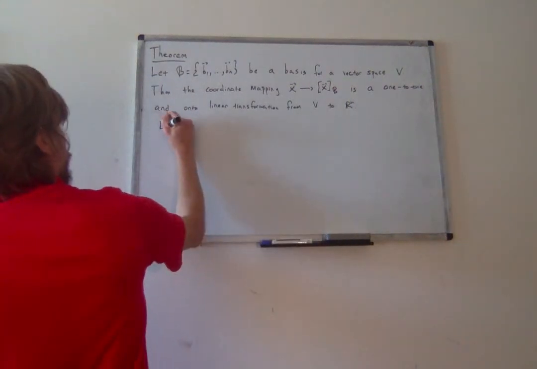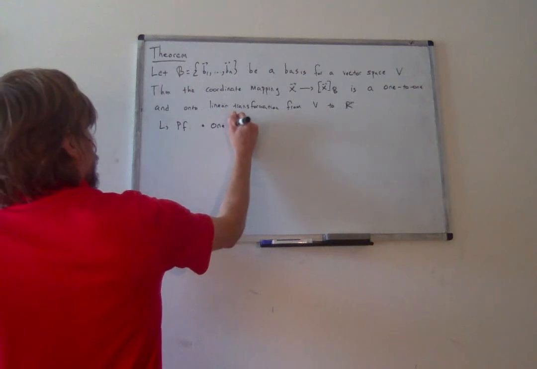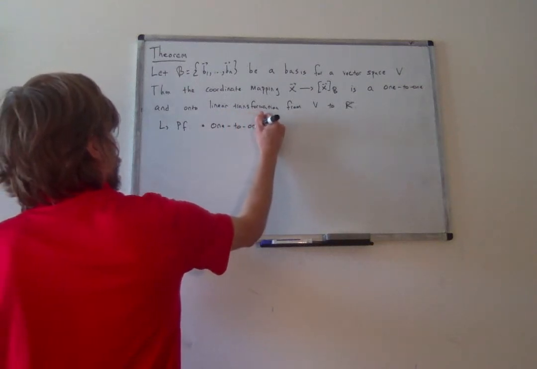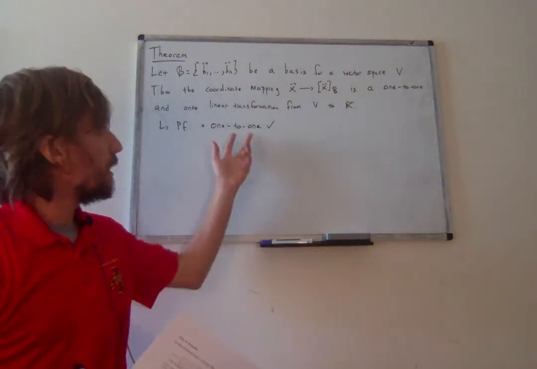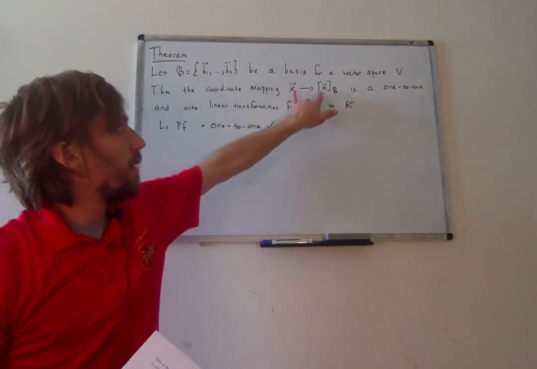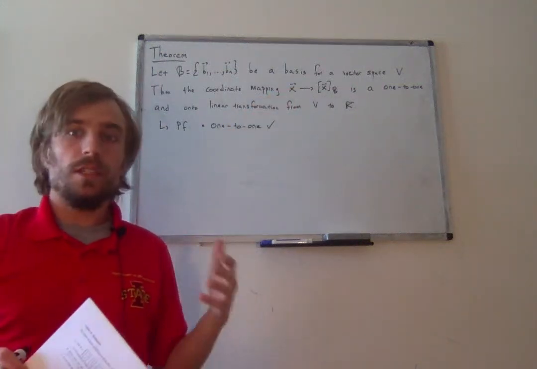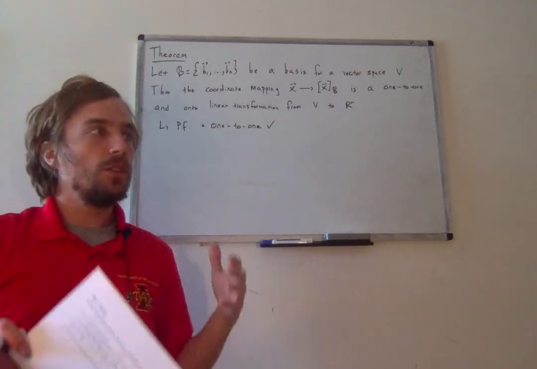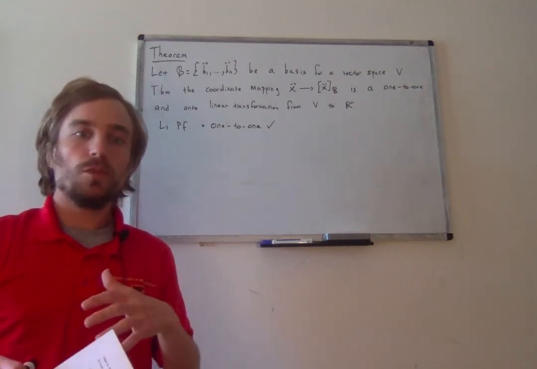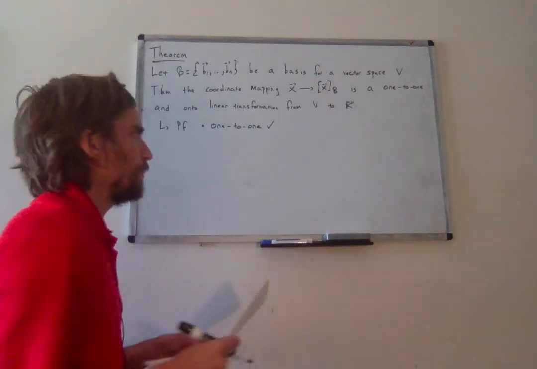And to prove this, we've actually already shown that this transformation is one-to-one. We showed that in the last video: if I have any basis, then each vector x has a unique representation under this basis. And so if two vectors have the same basis representation, then they're the same. So this is one-to-one.